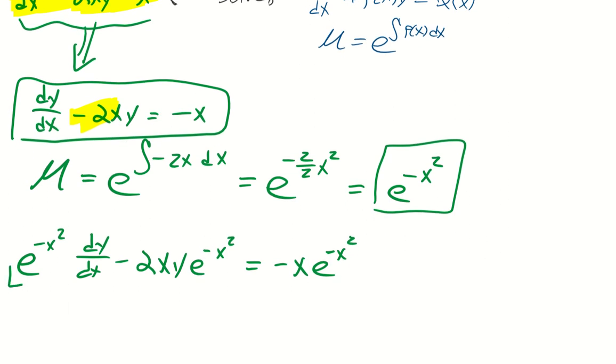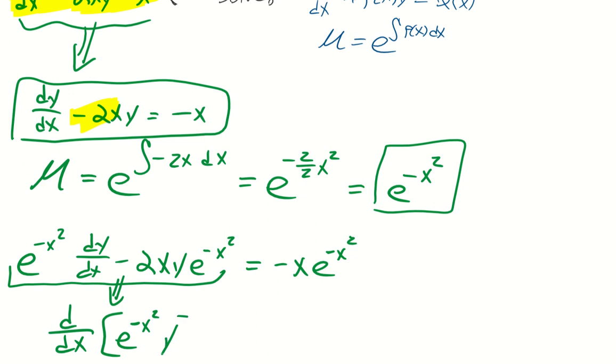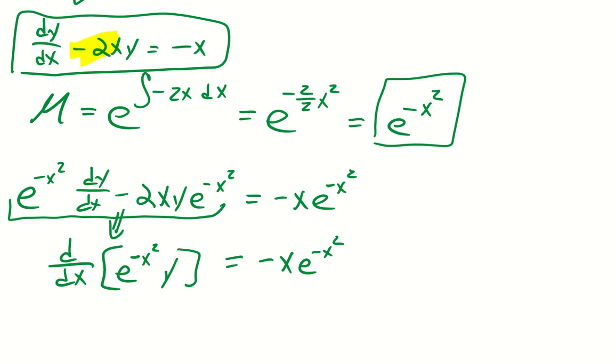And now this left-hand side, because the whole point of that integrating factor is that that expression is equivalent to the derivative of the product e to the minus x squared power times y. And now we can anti-differentiate.